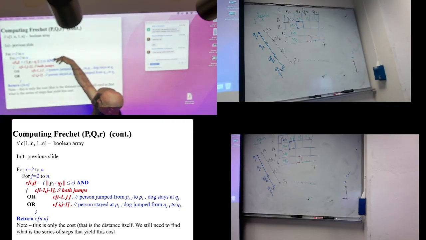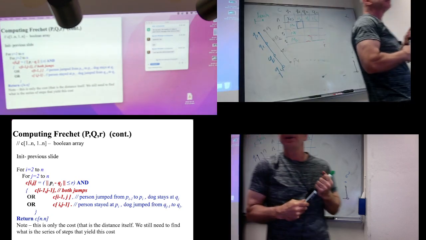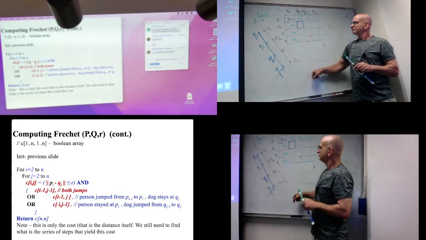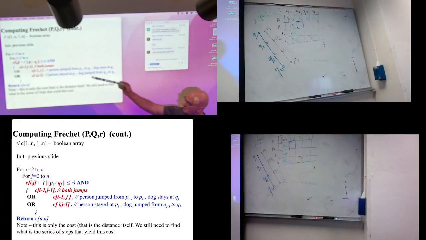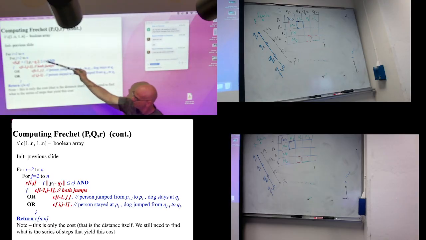Now, what about the next condition? There are two conditions that should hold. True or false? P2 minus Q2 is less than R on my drawing.